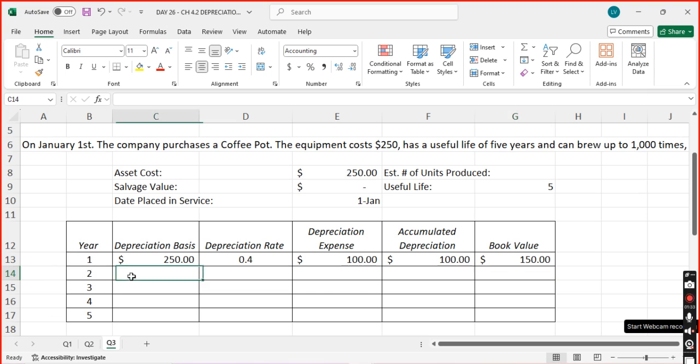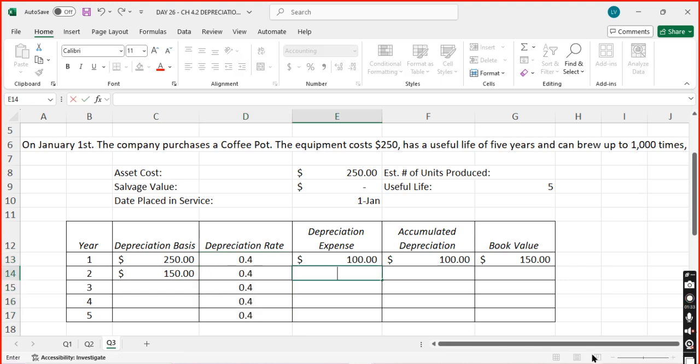So therefore, year 2 depreciation basis is going to be 150. The rate is going to be the same for all 5 years, so 0.4.